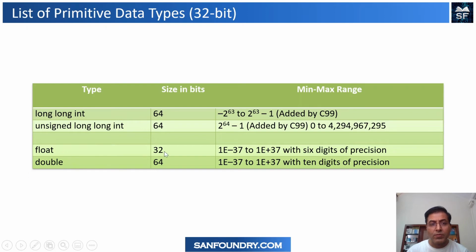Float is 4 bytes and double is 8 bytes. Why do we have these two different sizes? Because double stores 10 digits of precision, a very accurate representation of those numbers, while float was 6 digits. So we require more space to store them.